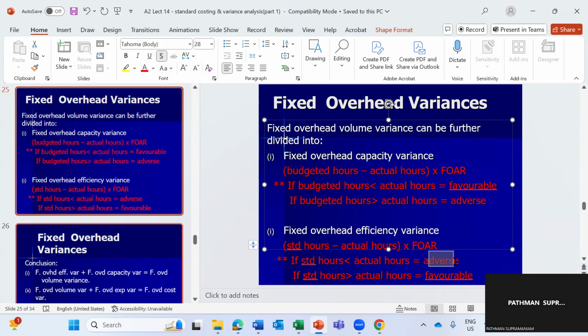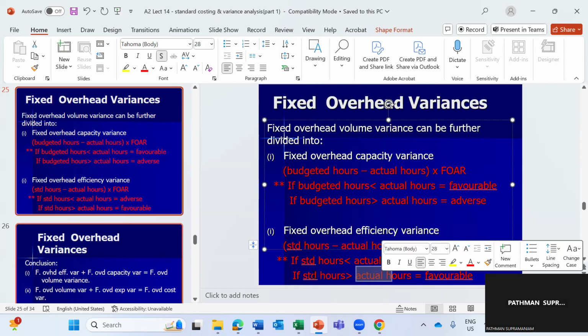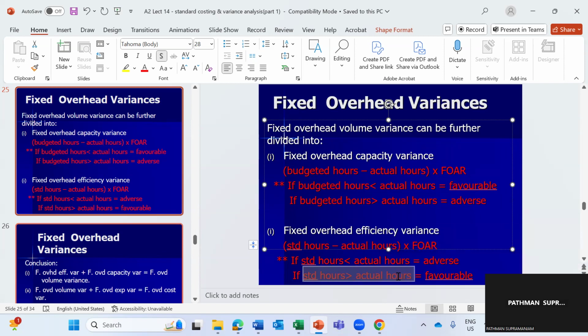So it's adverse. On the other hand, if the standard is more than actual hours, that means we took less time, therefore we can make more products. So we were more efficient, then it's favorable.